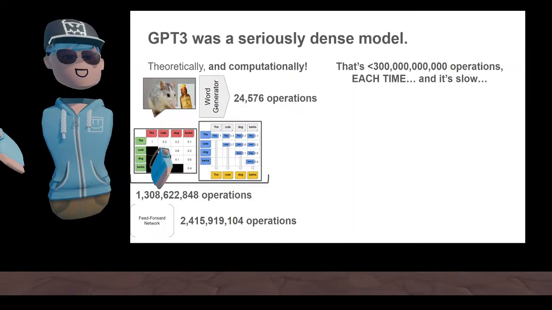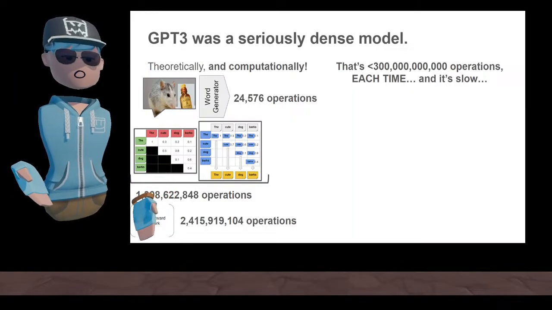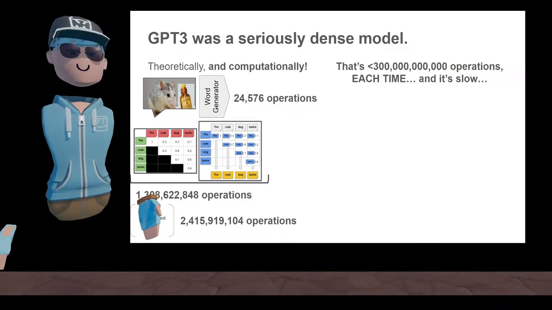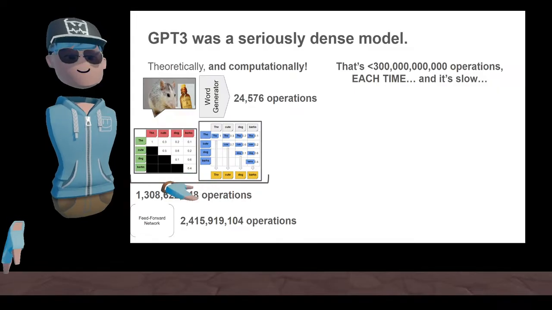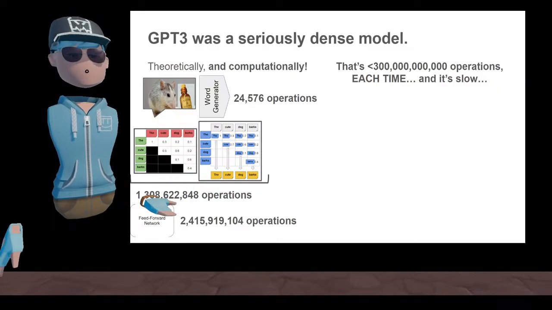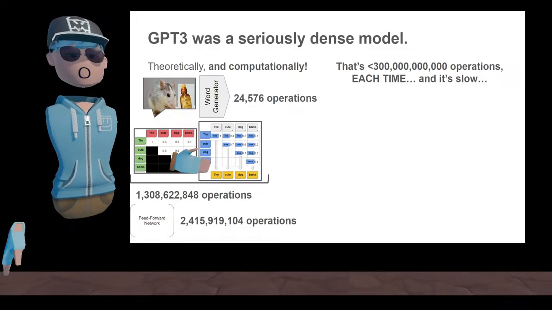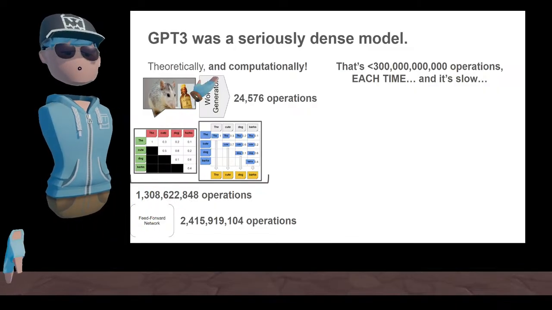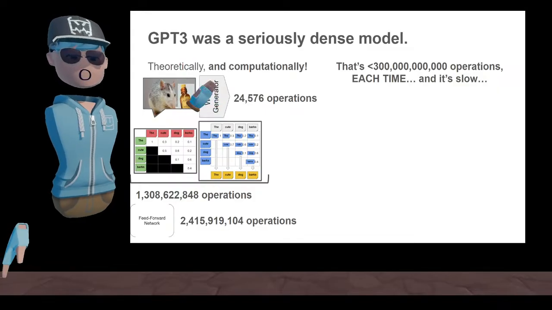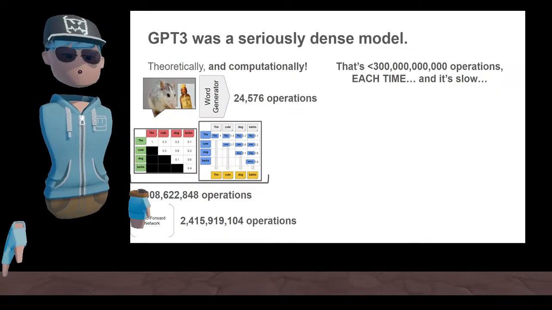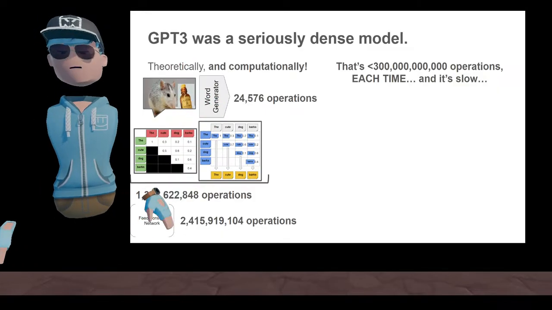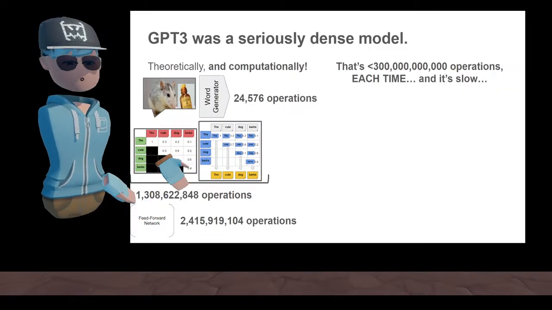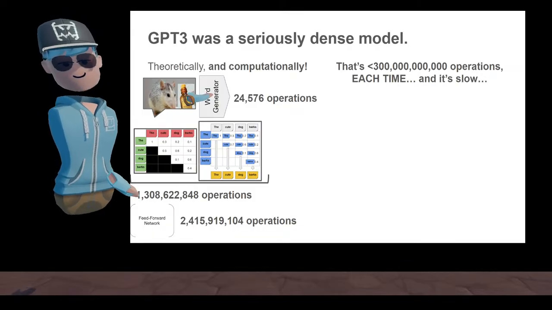So if you were to do an actual sentence, oh, this is just once, by the way. 1 billion operations just once. That's not counting it 96 more times. Yeah, around 300 billion operations. I've checked it twice. These values might be outdated. No, they're not outdated because they're fundamental. I think I might have just calculated them wrong. But there's a lot of math. I know the 300 billion is correct.